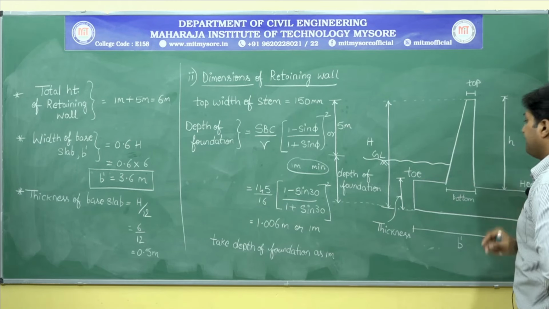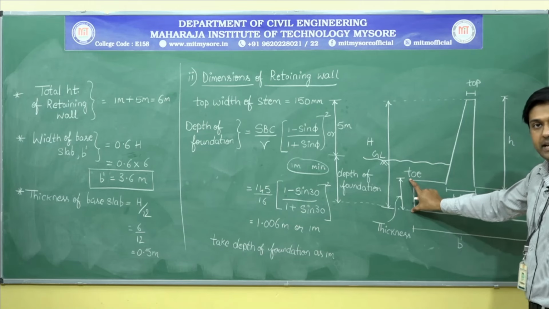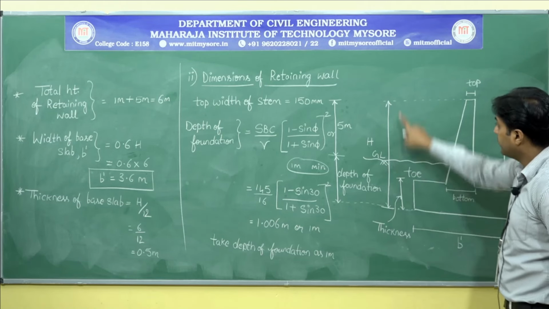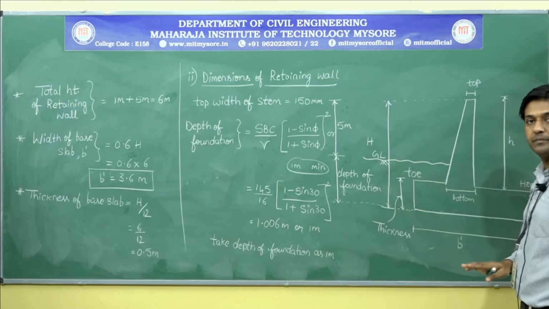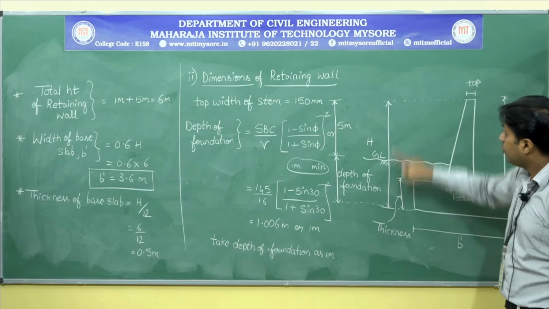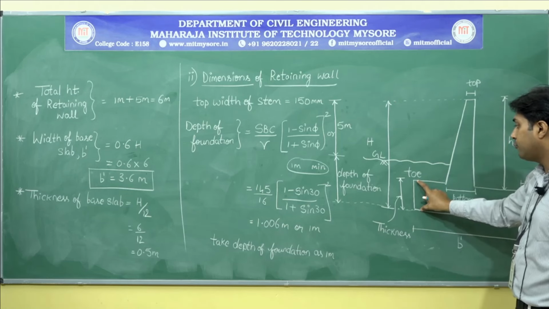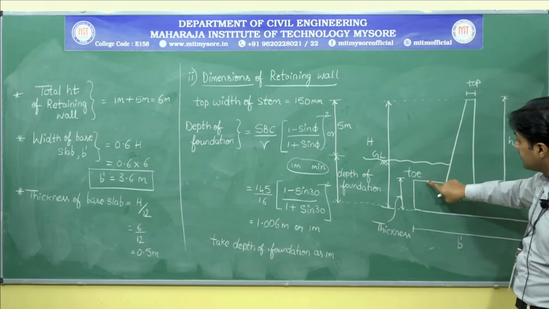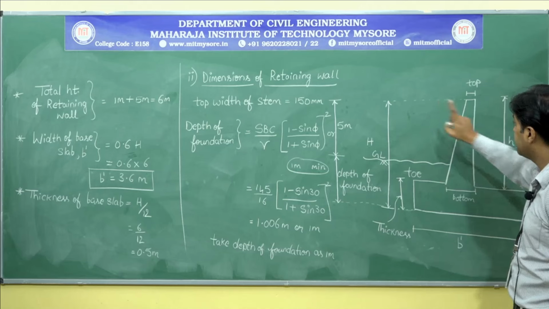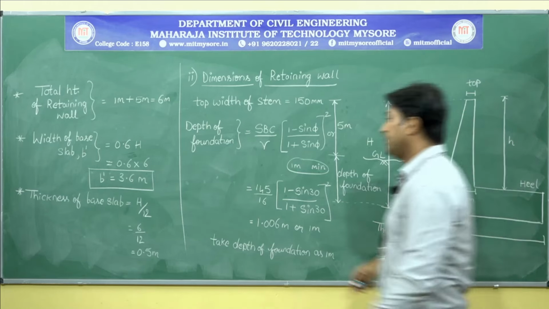Now, since you know the thickness of the base slab and the total height of the retaining wall, tell me: total height H minus the thickness of the base slab, don't you think it gives the distance from here to here, which is nothing but the height of the stem? Please remember.